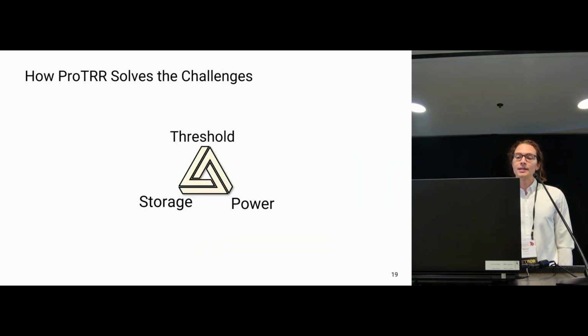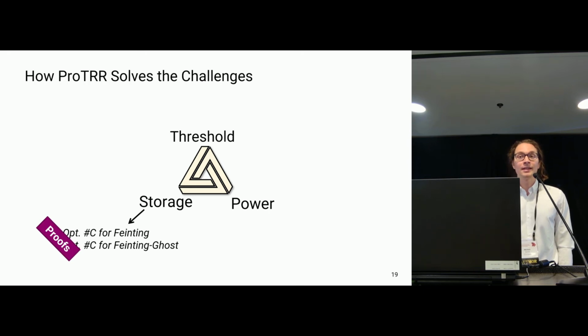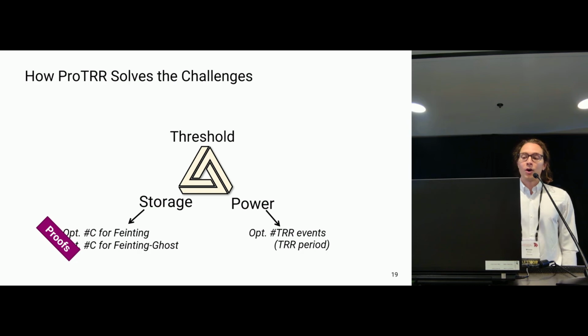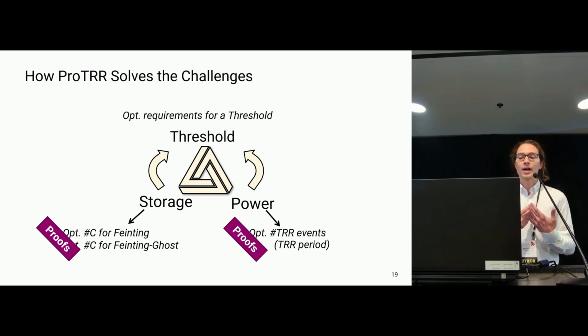And how does ProTRR solve the challenges of the real world? Just as a recap, for the storage, we showed and proved the optimal number of counters to protect against fainting and against fainting ghosts. For power, we showed the optimal number of TRR events, and we also showed and described how varying this affects the threshold of the device, obtaining this way the optimal requirements for a given threshold of a given device.